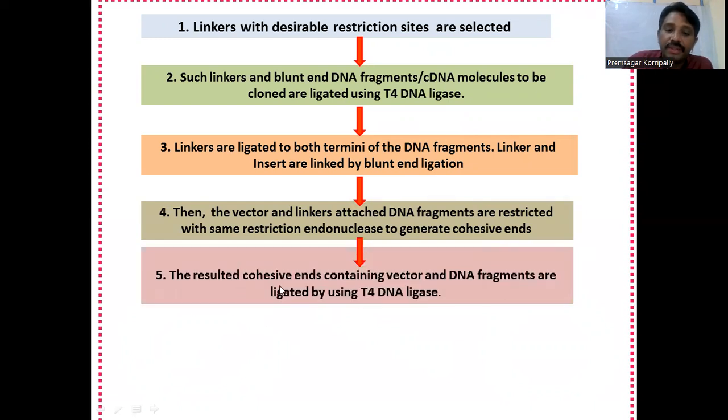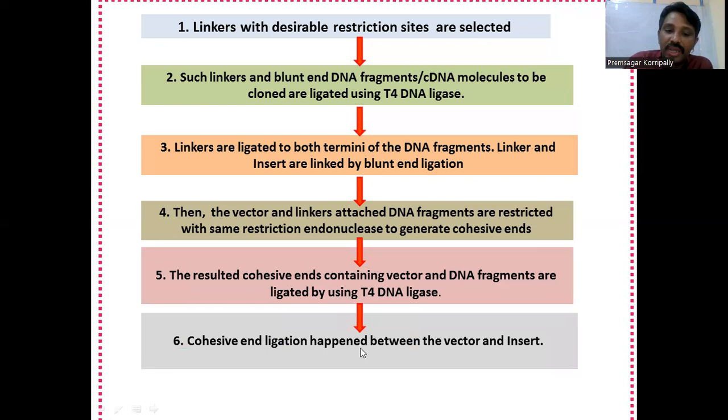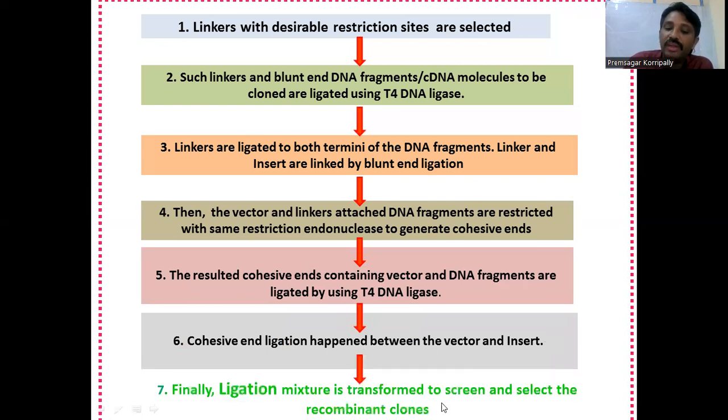Then the resulting cohesive-ended vector and DNA fragments are ligated by the T4 DNA ligase, and cohesive end ligation happens between the vector and insert. Finally, the ligation mixture is transformed to screen and select the recombinants.